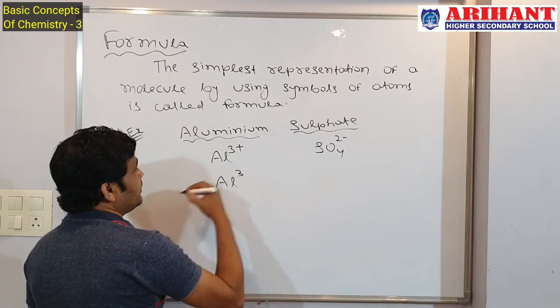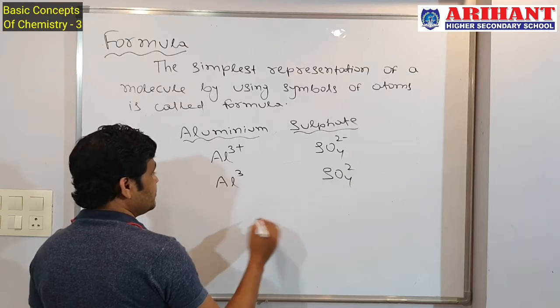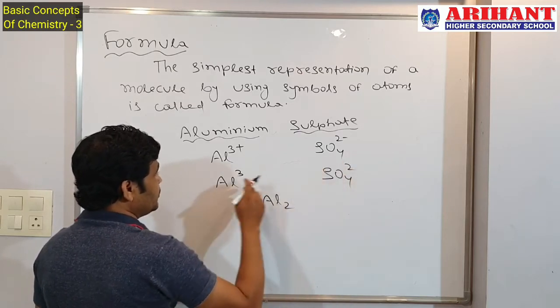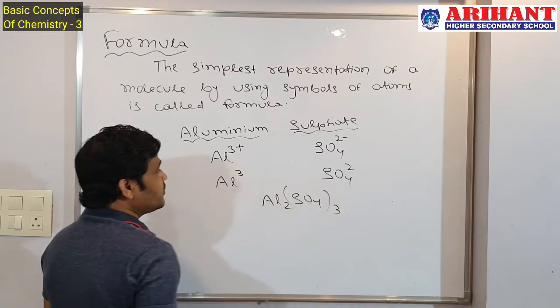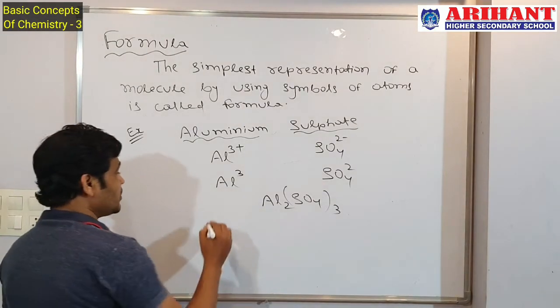Now Al3 SO4 2 and the formula is Al2 SO4 whole thrice.